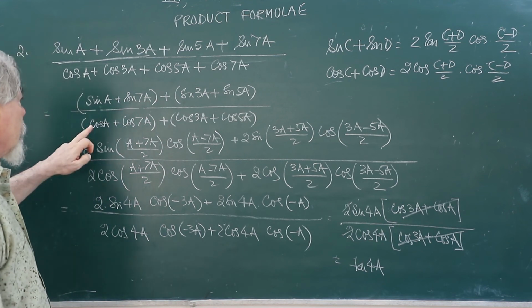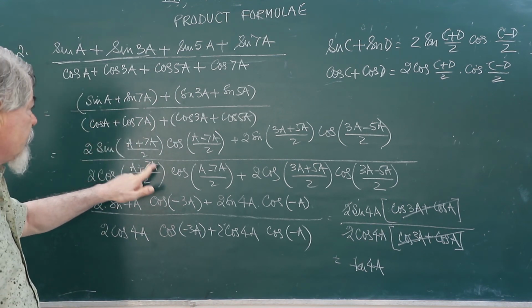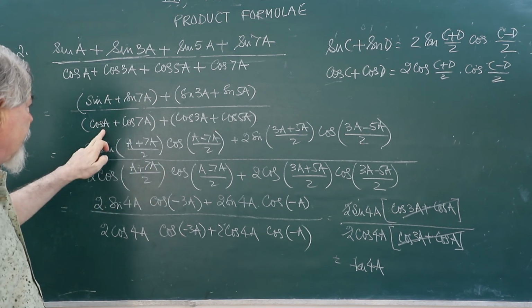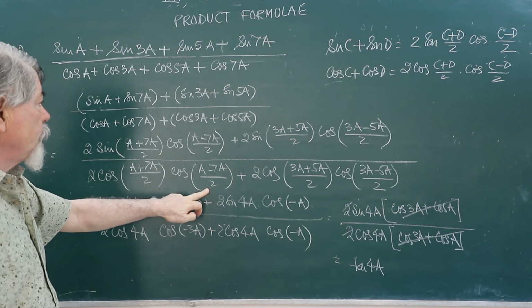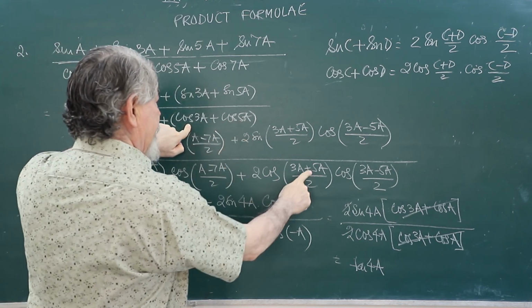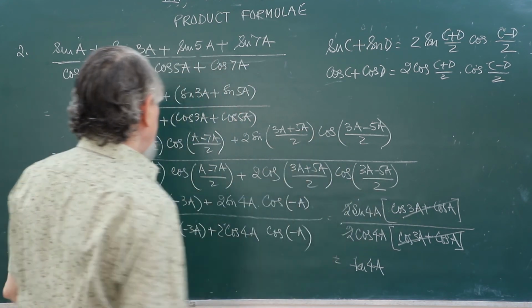So here cos A plus cos 7A will be 2 cos (A plus 7A), first we will add these two, divide by 2, then cos (A minus 7A) upon 2, plus cos (3A plus 5A) upon 2 and cos (3A minus 5A) upon 2.